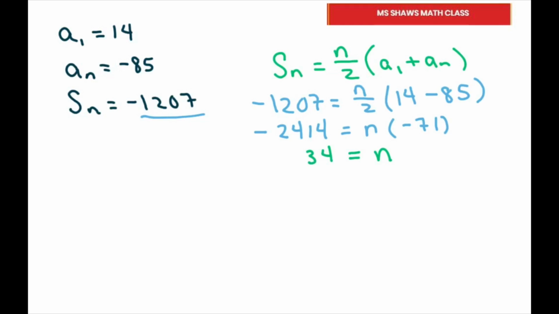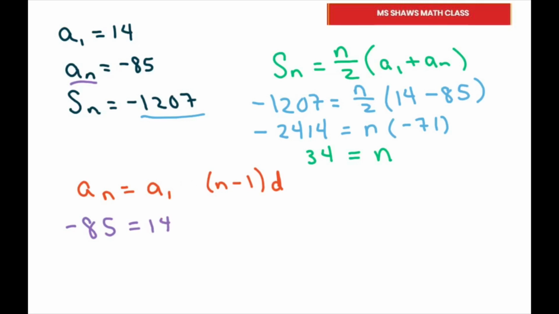Now we're going to use our first formula. a sub n equals a sub 1 plus n minus 1 times d. And we're going to solve for d. So our a sub n is negative 85. Our a sub 1 is 14.